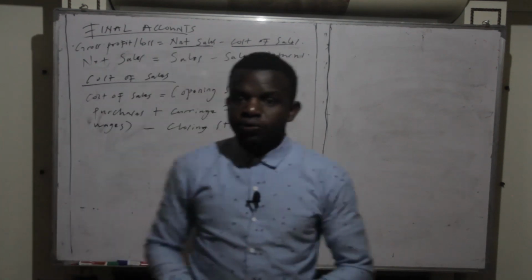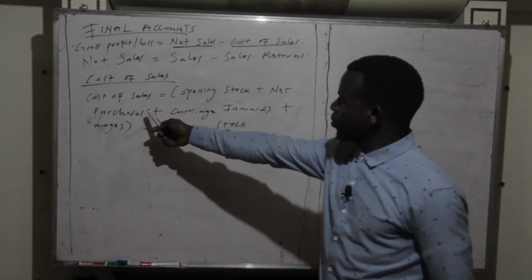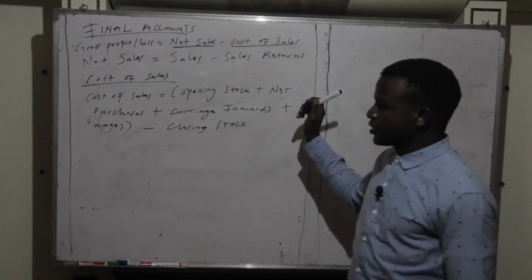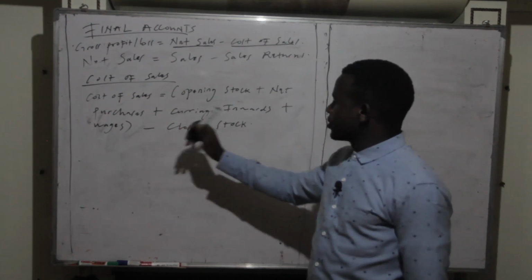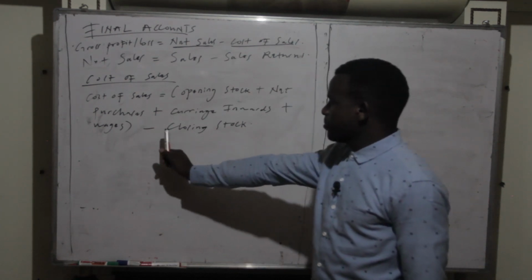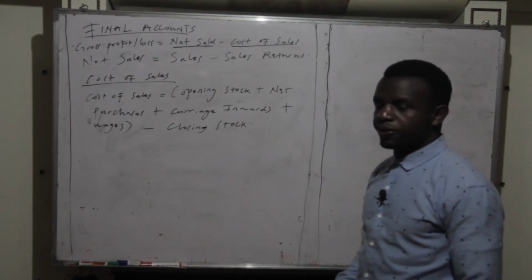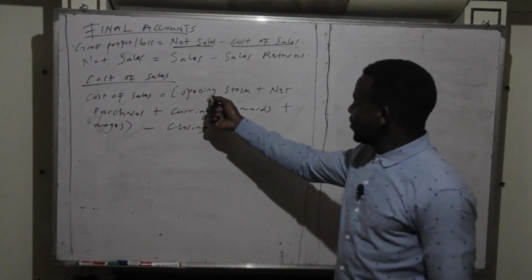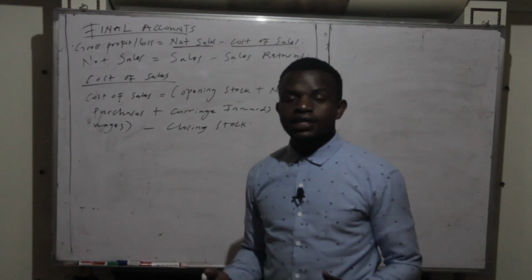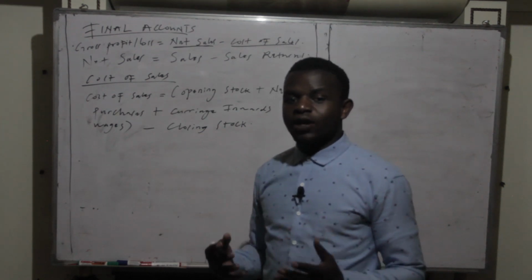So this is the formula that we use. Cost of sales is equal to open bracket opening stock plus net purchases plus carriage inwards plus wages close bracket minus closing stock.